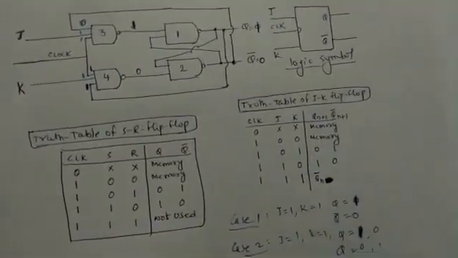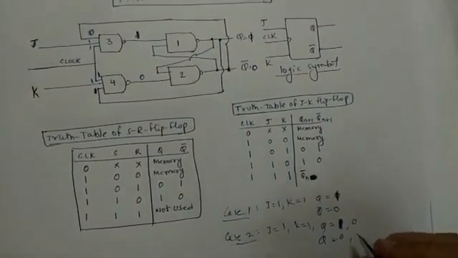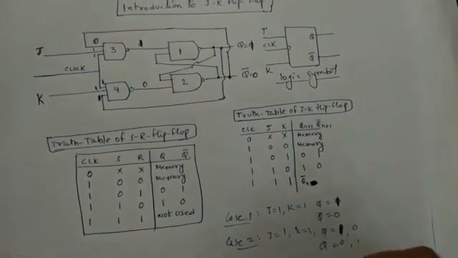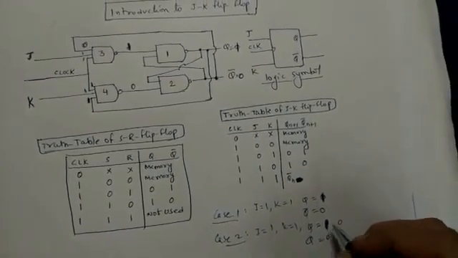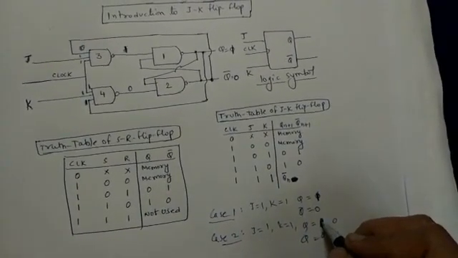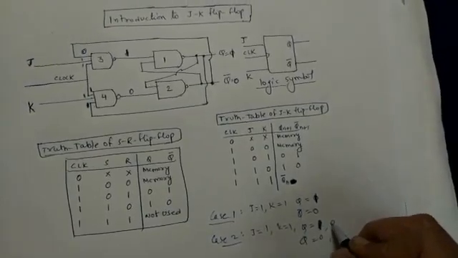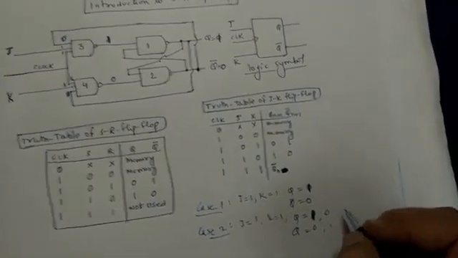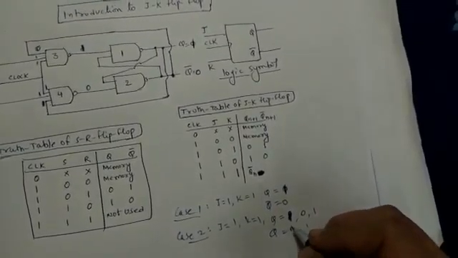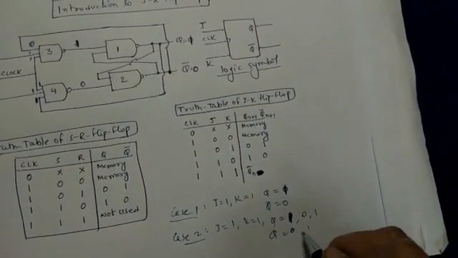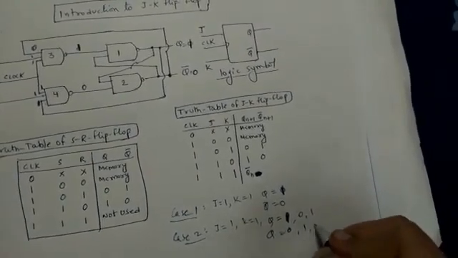So it is quite clear from both the cases that when the output was 1, it is transferred to 0, and from 0 it is transferred to 1, and similarly the Q bar output, it was 0, it is transferred to 1, and from 1 to 0.